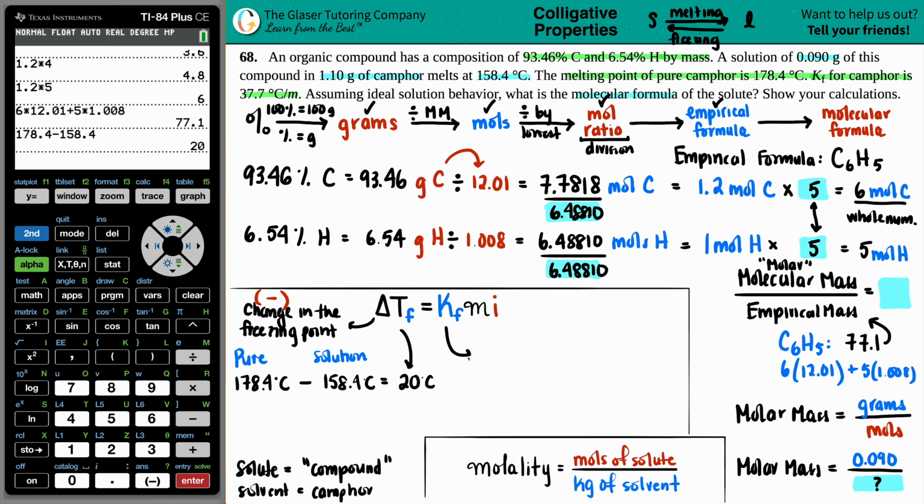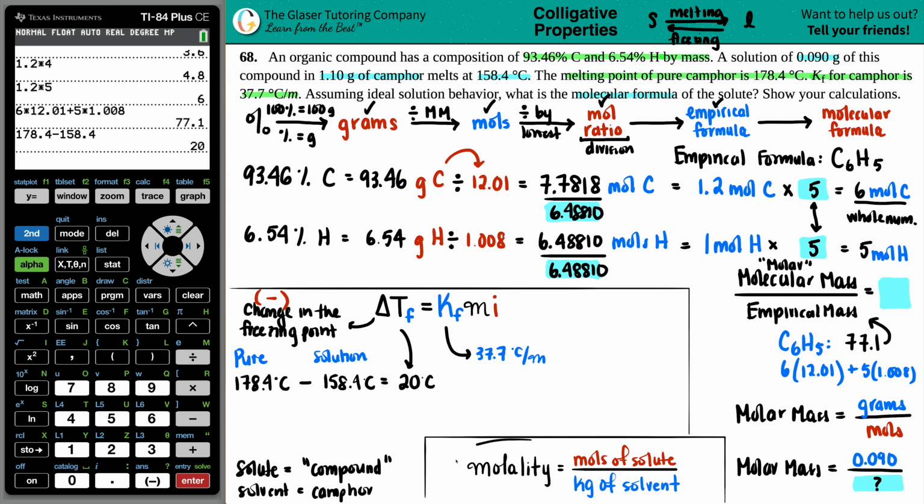They already gave me a KF value. The KF for camphor is 37.7 degrees Celsius per molality. Now the next thing is, I know that I'm not going to know one unit. Is it the cute little m here, which is molality, or is it the I value?